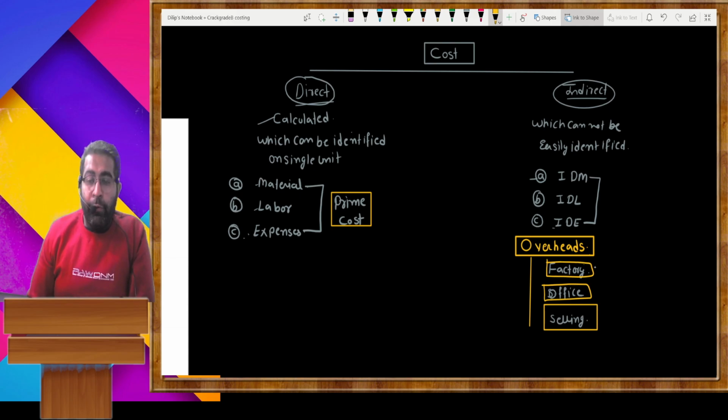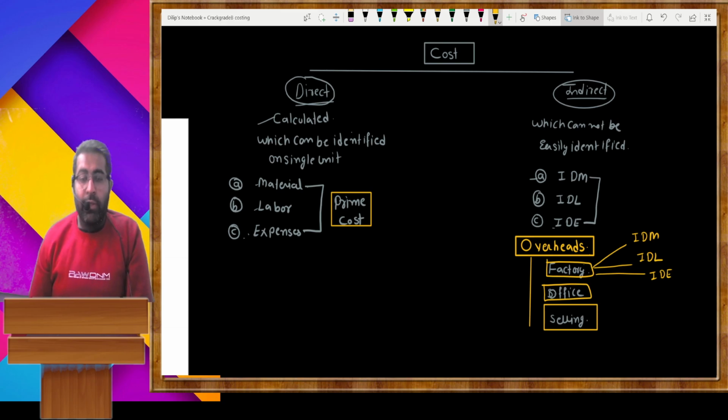Okay, here factory is also classified into three different categories: factory indirect material, factory indirect labor, factory indirect expenses. Same for office and same for selling.